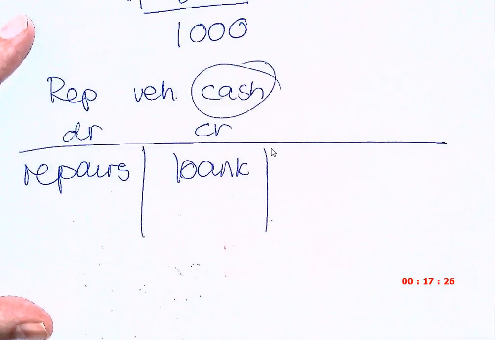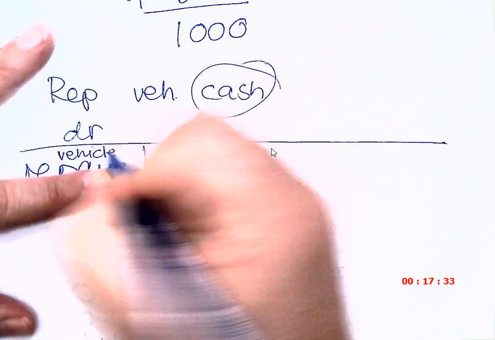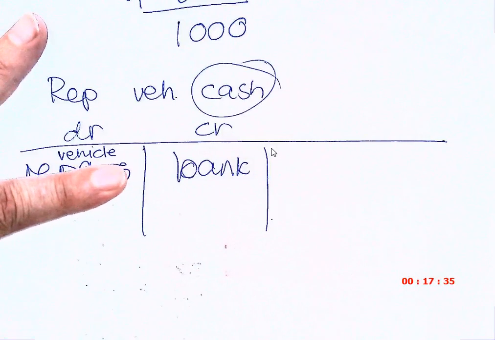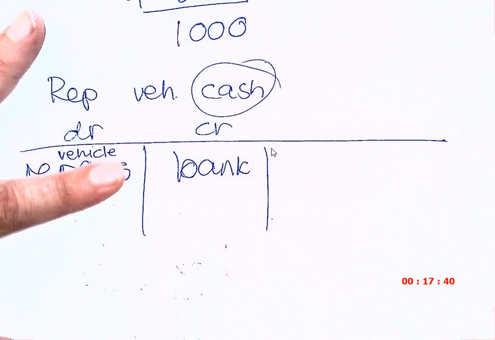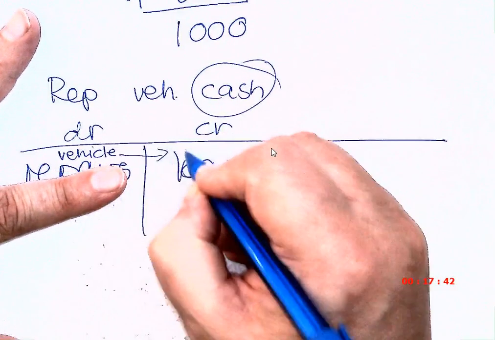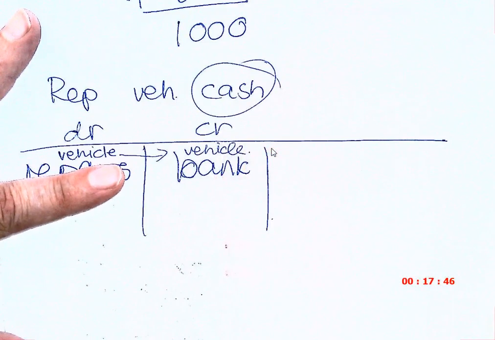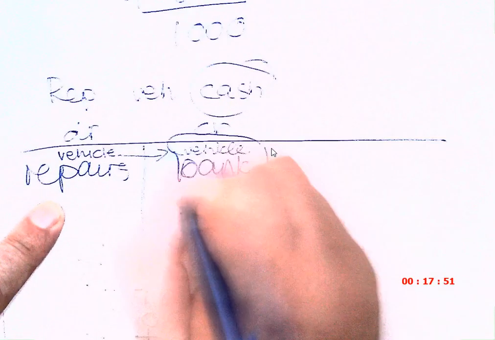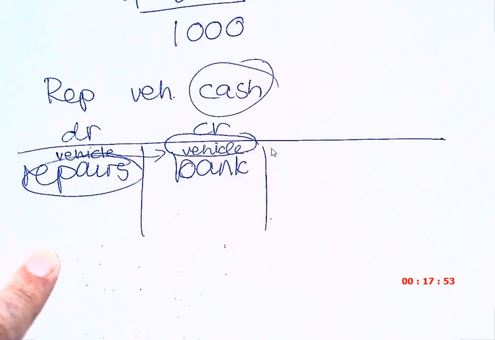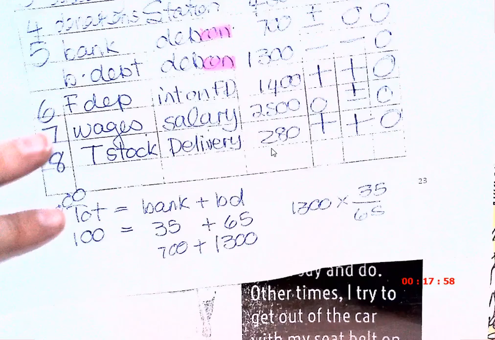I didn't show it as repairs. I showed it as vehicle, bank. And that's wrong. So what do I need to do? I need to go cancel vehicles because nothing happened to the asset vehicle, and debit repairs. So I need to make that entry: debit repairs, credit vehicles.